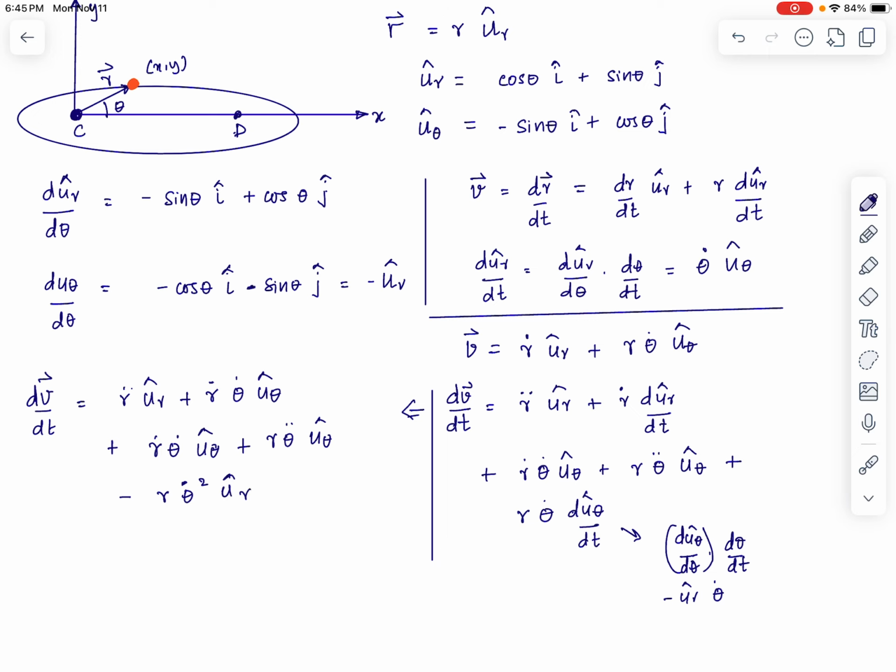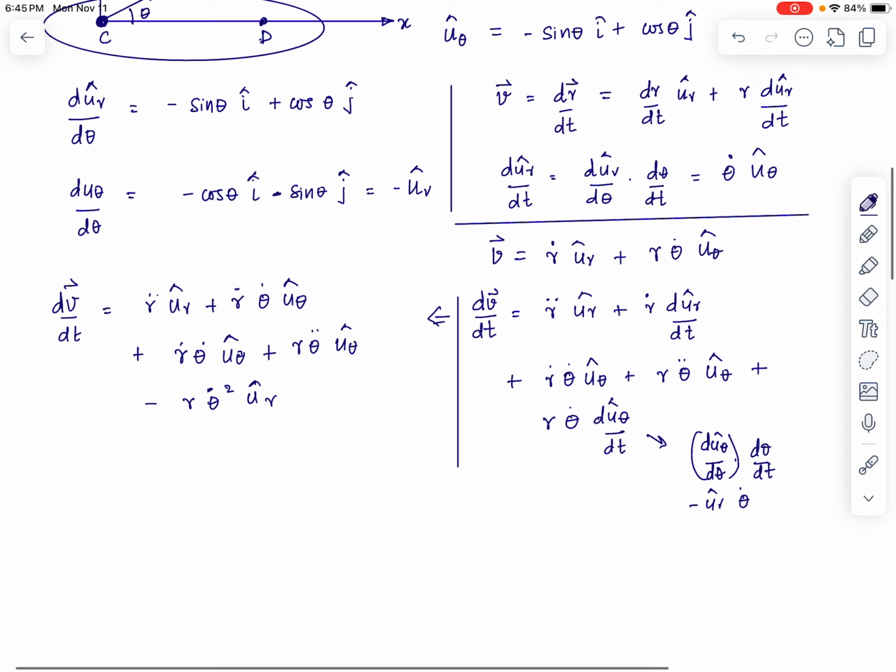So let's collect the terms in u hat of r and u hat of theta, so we get this.